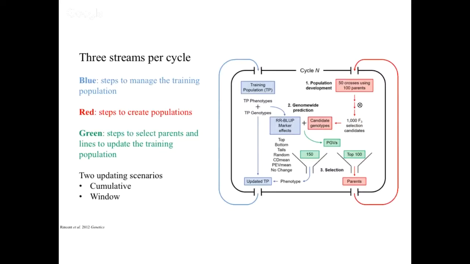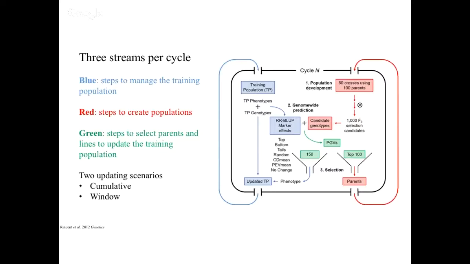So what are the 7 methods here. For top, we took the top 150 selection candidates based on predicted genotypic values. For bottom, we just did the opposite. For tails, we took the top 75 and the bottom 75 together. Random was a random subset.